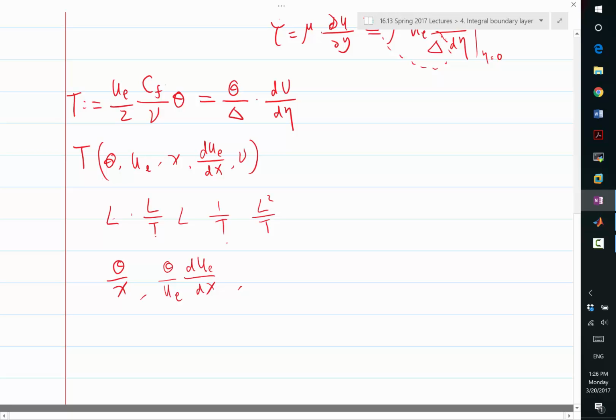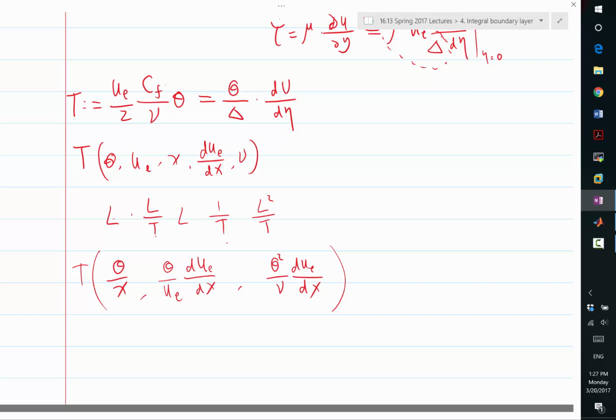So you take nu, and I still want to have a dUE/dx, so that's 1 over T. I divide by nu to get a 1 over length squared, and I have a theta squared, right? So I only have L and T inside all these parameters, so I can reduce it by 2. So T turns out can, in principle, be modeled as a function of all these 3 parameters.